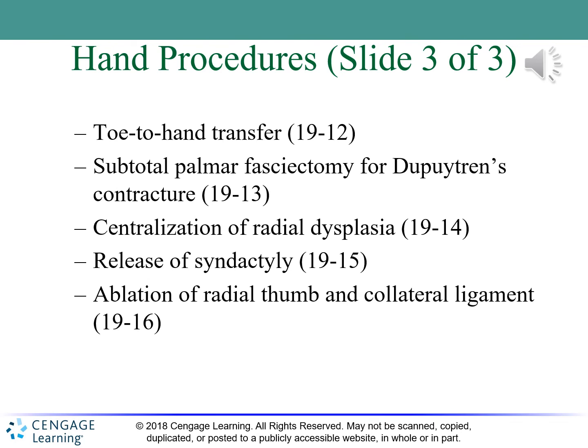So our first procedure on 765 is a toe to hand transfer. So on the anatomy, toe-to-hand transfer is performed due to trauma to the hand in which the patient's thumb was traumatically amputated or injured beyond use. Now, for pinching and for anything that you have to do with your hands, you have to have your thumb. It's your opposing phalange.